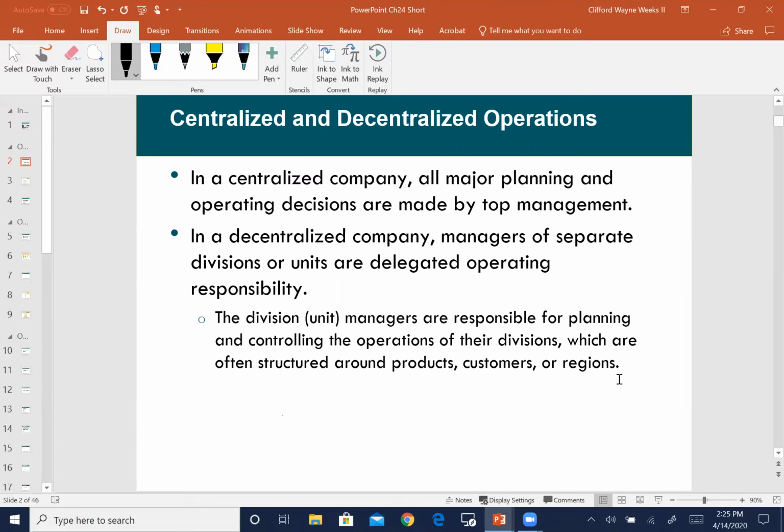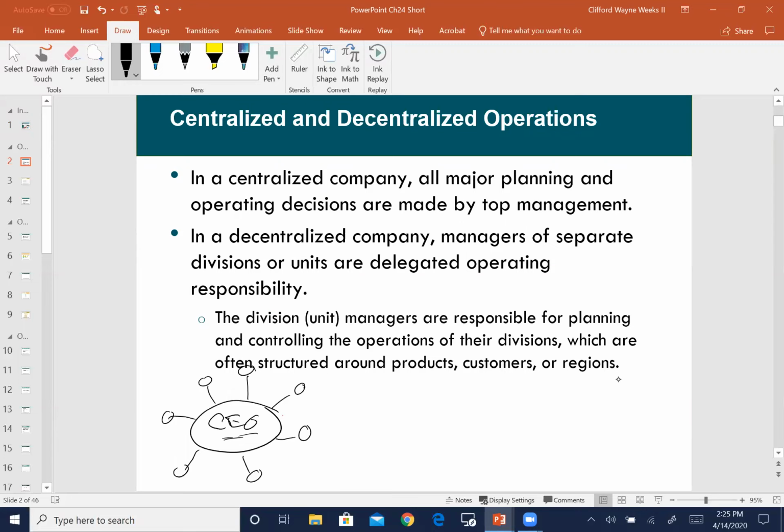When we're talking about centralized organizations, we have our CEO, and he's surrounded by a bunch of different divisions or products, where it's the CEO who is making all the decisions. Sometimes this is referred to as micromanaging.